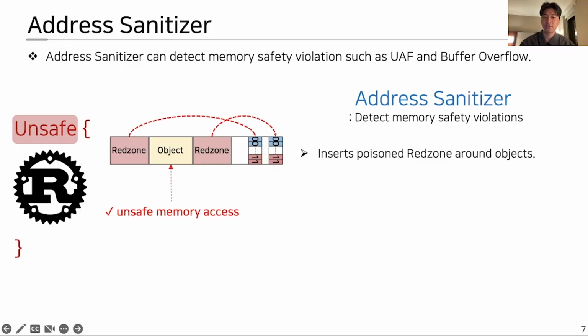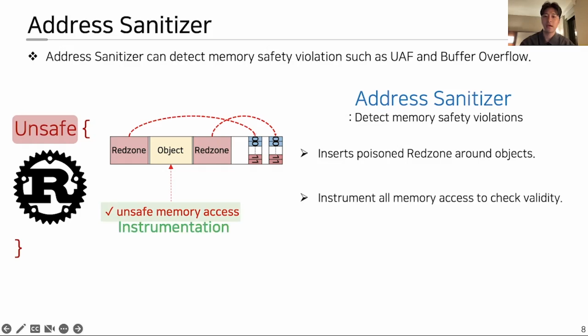Address Sanitizer inserts red zones before and after the objects to provide memory safety by maintaining a shadow memory that represents the validity of the process virtual address space, and a shadow memory byte can be encoded to represent red zones. It also instruments all memory access sites to track memory access validity.